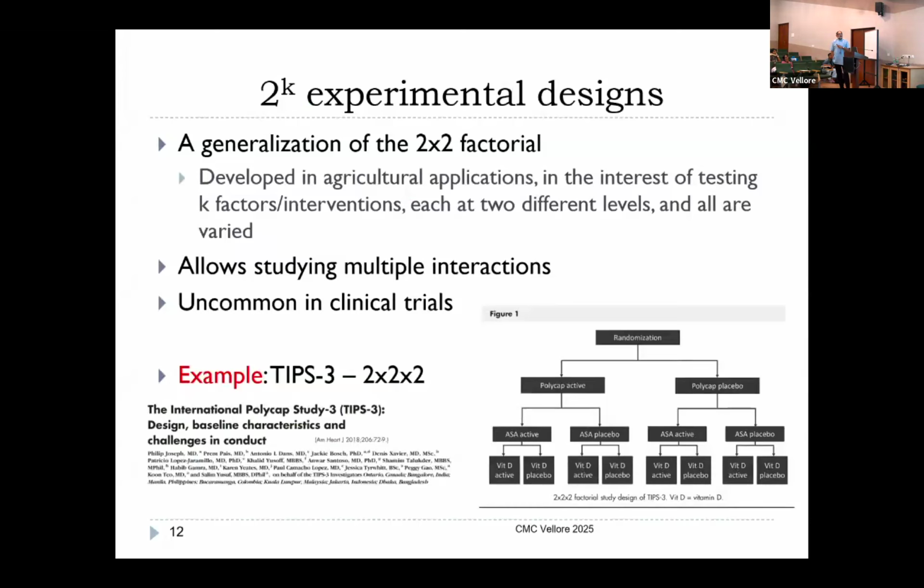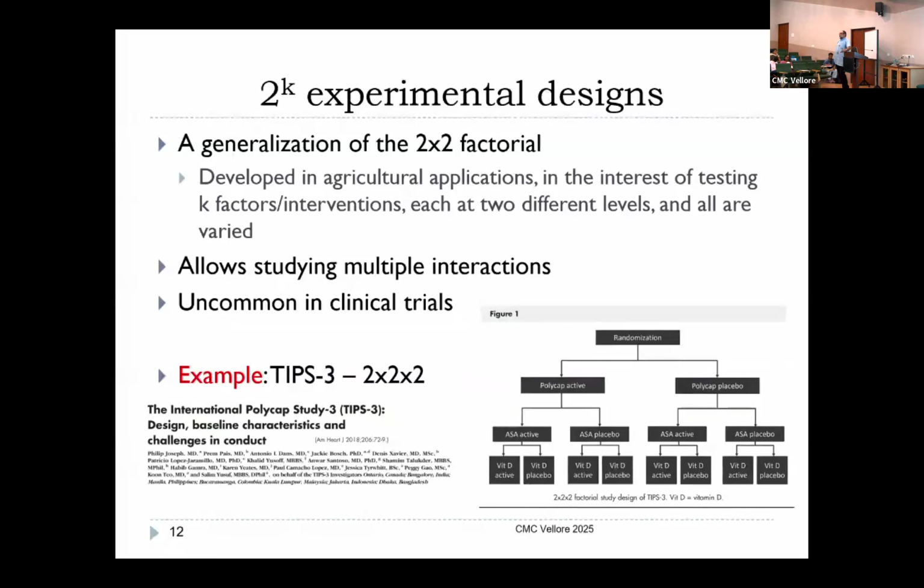A more complicated factorial design is not very commonly done, but I found out that at my institute at McMaster, they did this a while ago, before I got there in 2018. They published it, but it had already stopped. They randomized people to a poly pill, which they call the polycap, which has minute or non-therapeutic levels of different medications.